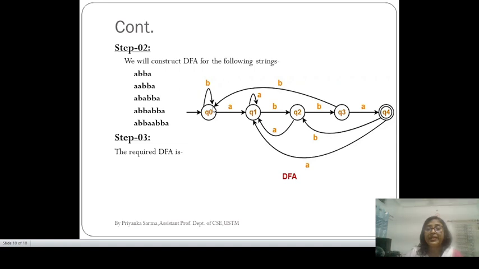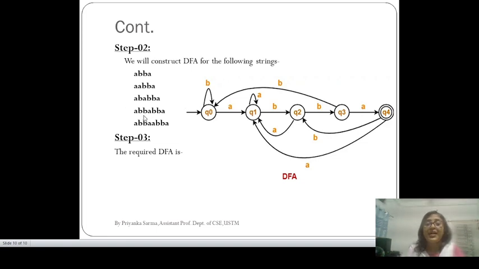Next symbol we need is B, so Q1 can accept B and move forward. Next we need again B, so Q2 can accept B and move forward to Q3. Next symbol we need is A, so Q3 can accept A and move to the last state Q4. Q4 is the acceptance state. That means this machine can accept the AABBA string.